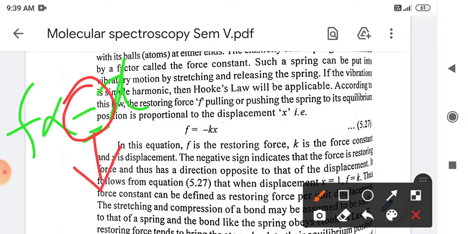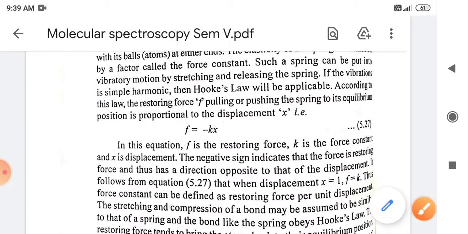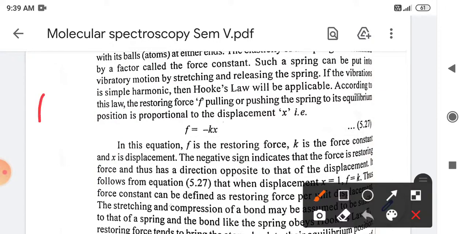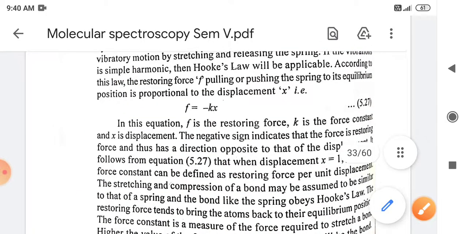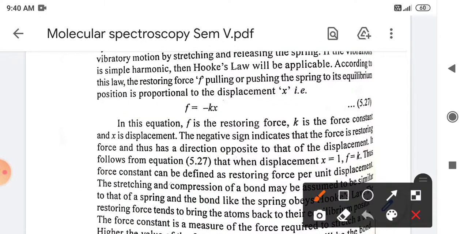So here we should incorporate the negative sign. We can have F directly proportional to minus x, or simply we can say that F equals minus k into x, where k is the proportionality constant, which is called the force constant. So this k will be an important constant, that is the force constant.